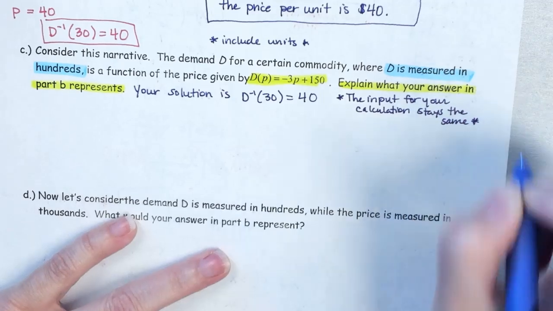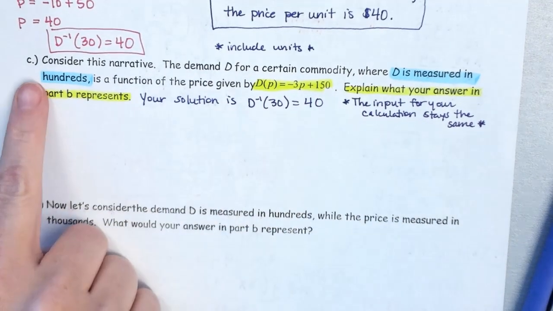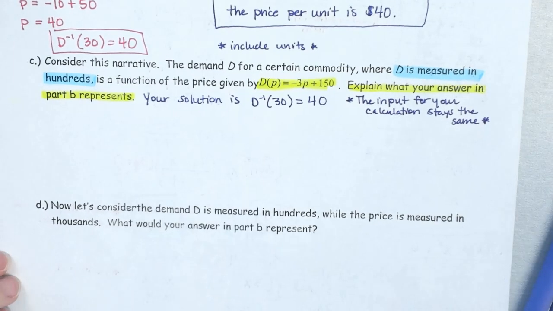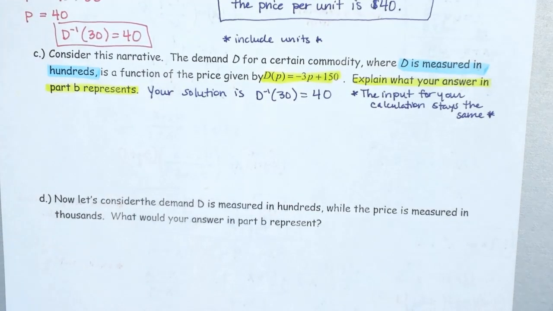So sometimes in order to keep an equation simplified, they will just tell you that the unit is measured in hundreds. Okay, and then when you're explaining what that means, you just have to incorporate that into your answer. Okay, so if D is measured in hundreds, then all we have to do is take the value of D and we're going to convert it.